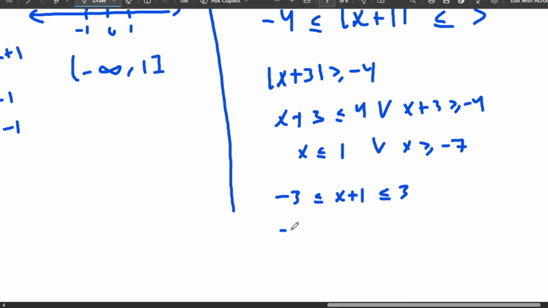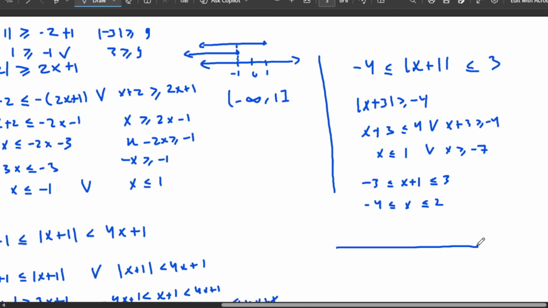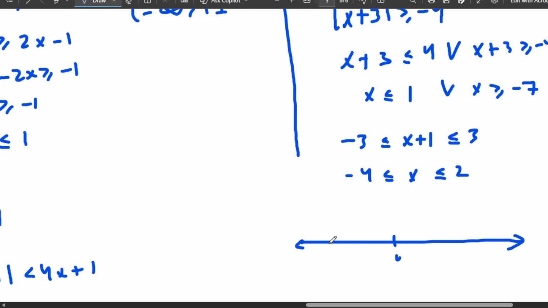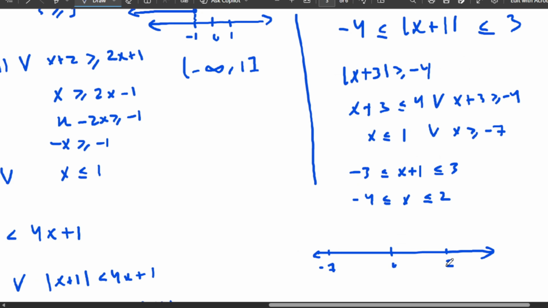So we have negative 4 and we have 2. As we can see on the number line, our lowest boundary is negative 4 and our highest boundary is 3. Oh, this boundary is negative 7 actually, negative 7, and we have our 2 here.